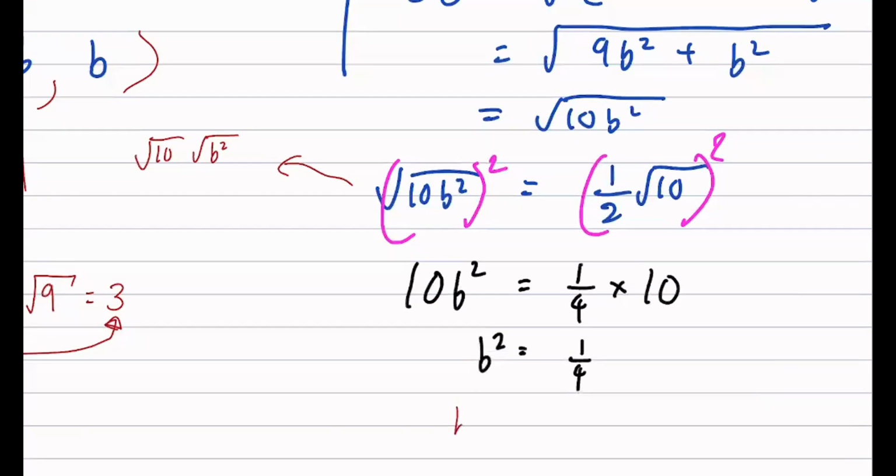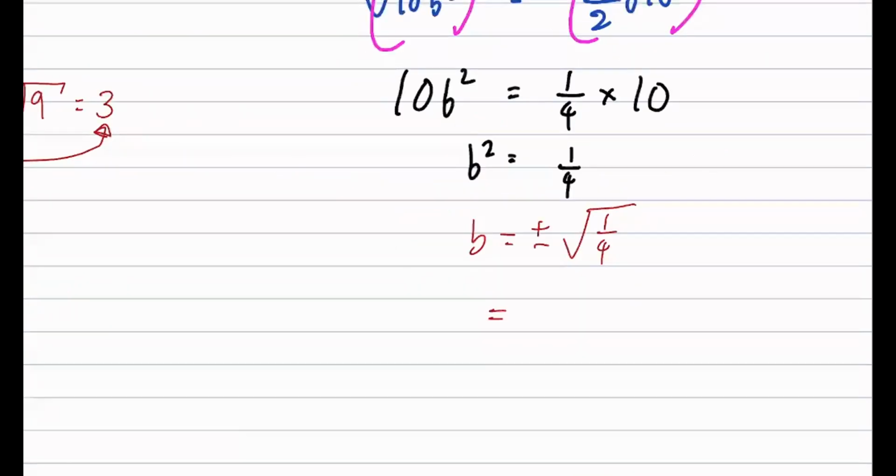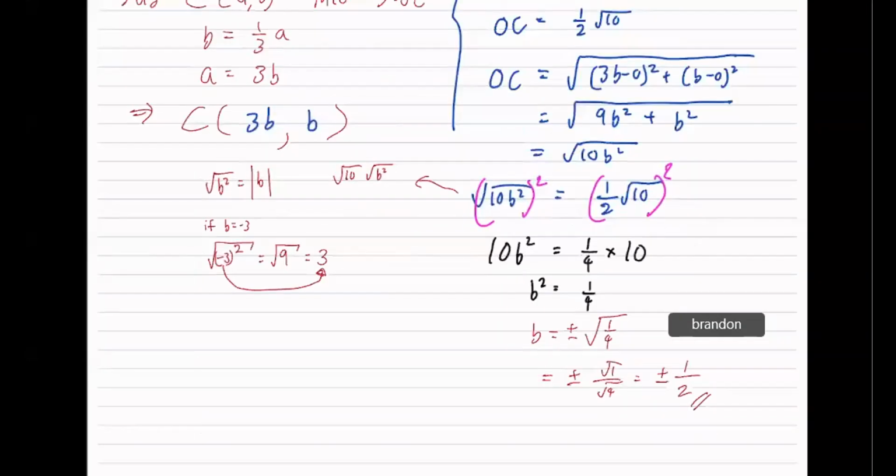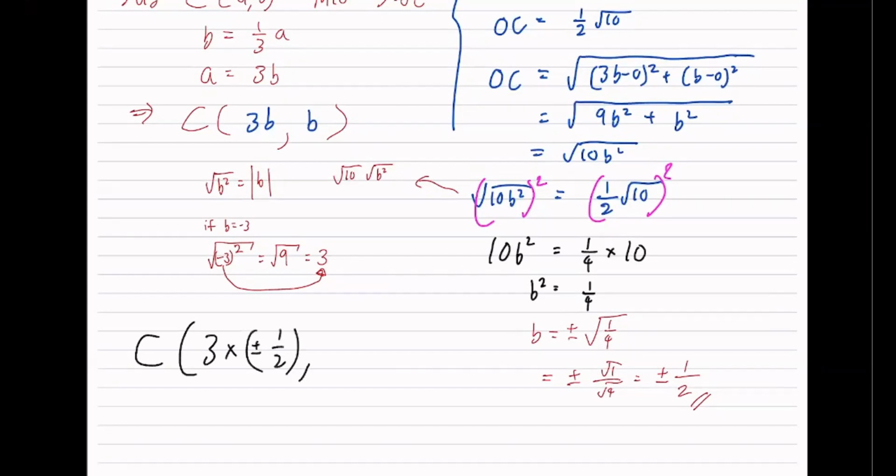Then how do you solve for b? Square root of 1/4. What's missing in front? Plus minus. Yes, that's why there are two possible values for the coordinates of C. This is square root 1 over square root 4, which is plus minus 1/2. So C is 3 times plus minus half, comma plus minus half.